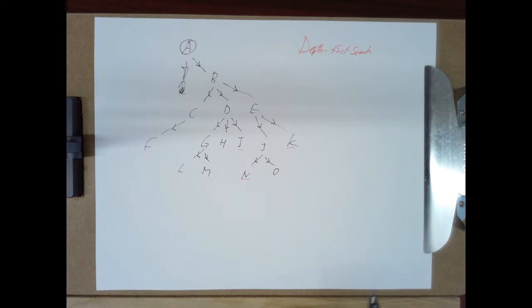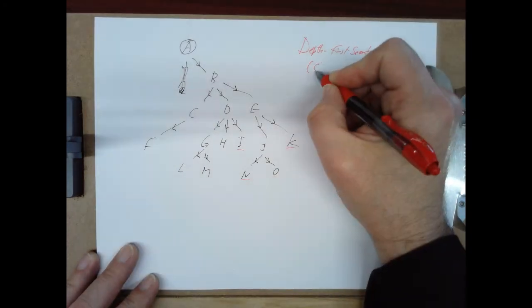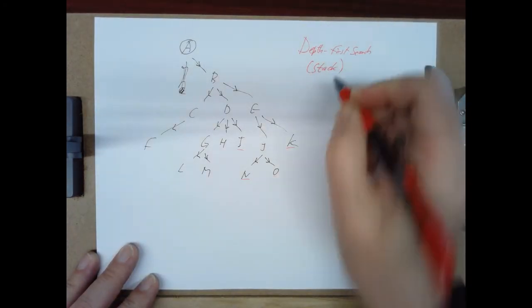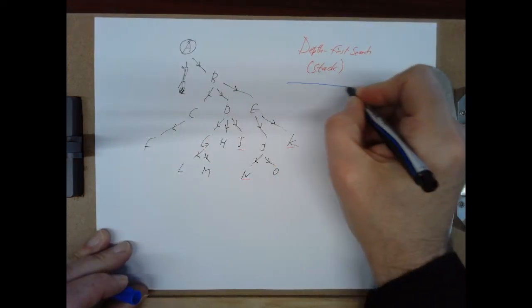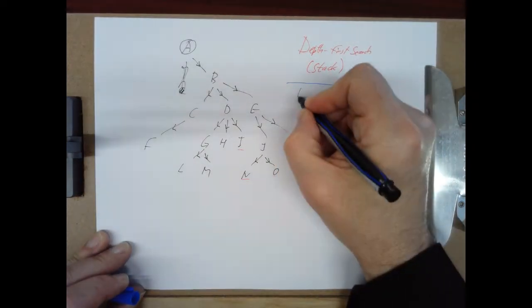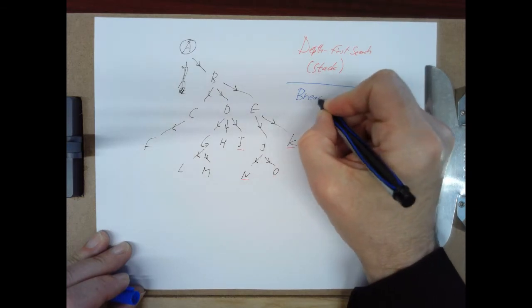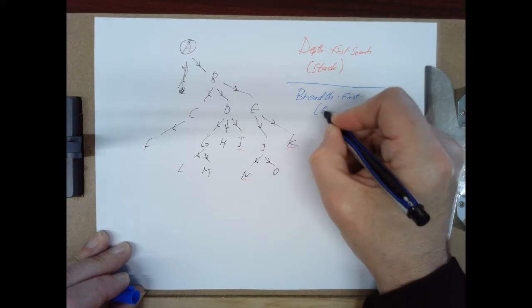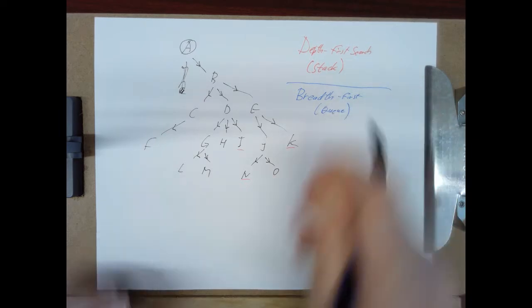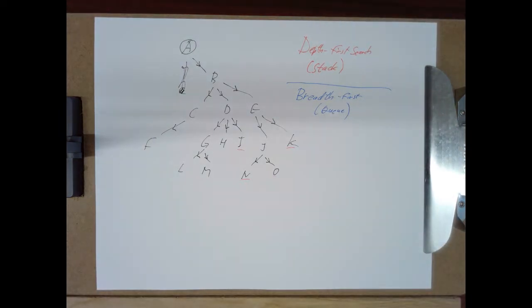Okay, that's depth first. And we talked a little about how to do that with a stack. So let's look at a different way to do this traversal with a queue. And this is breadth first. And we're going to write an algorithm for this.